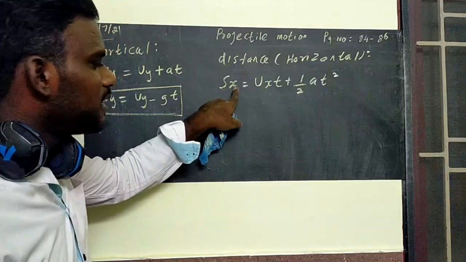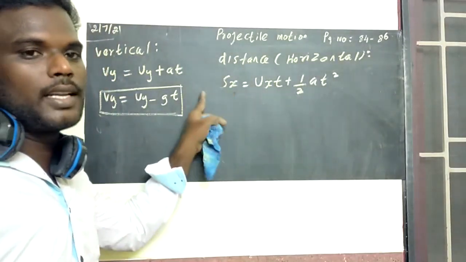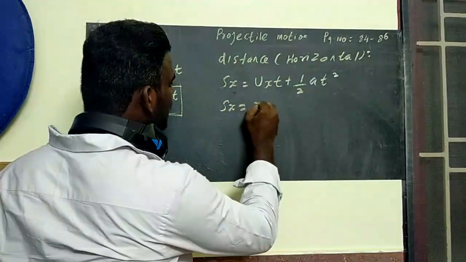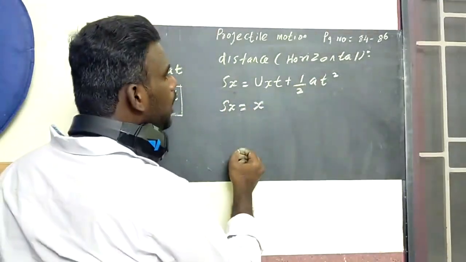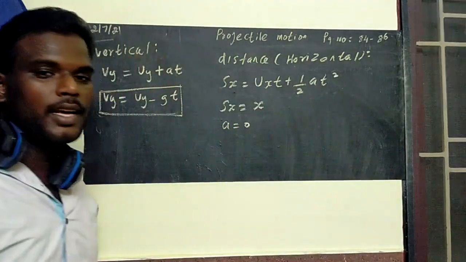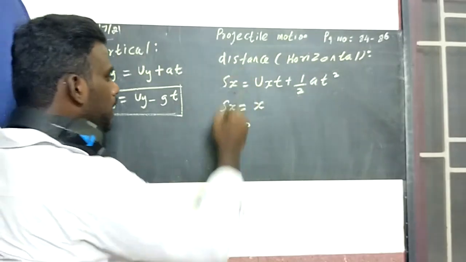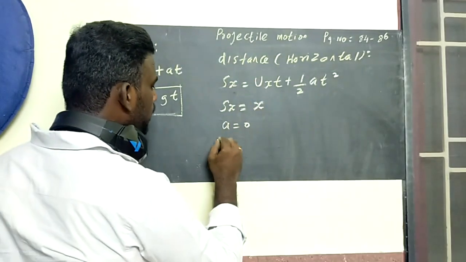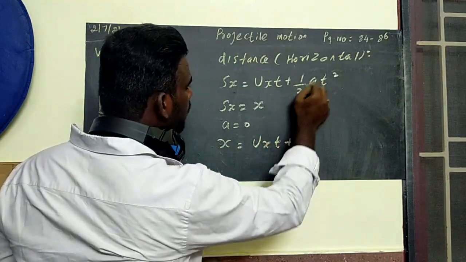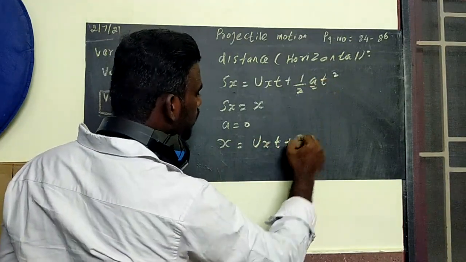I can replace this s with x, since it is in the horizontal. Here you can see that the value of a equals 0 because in the horizontal there is no acceleration. So if you put 0 for a, that term will be equal to 0.